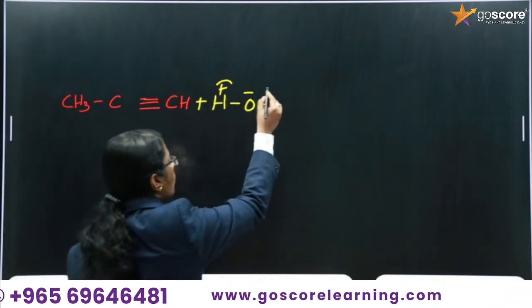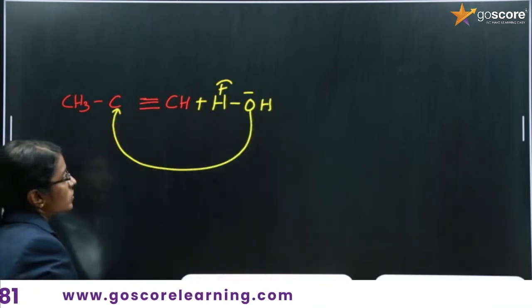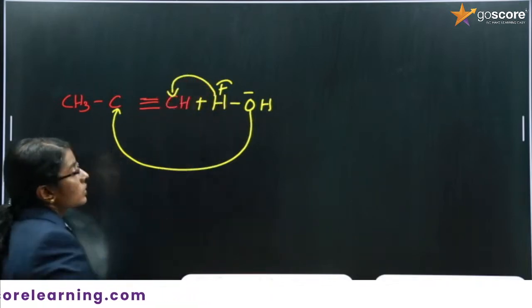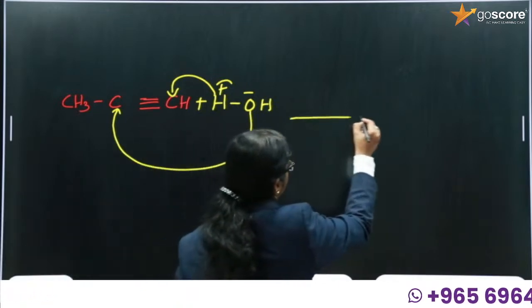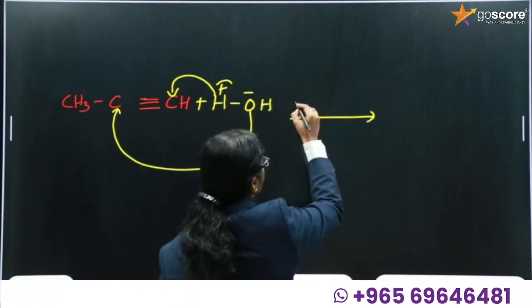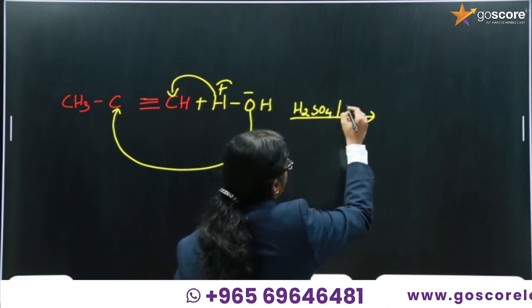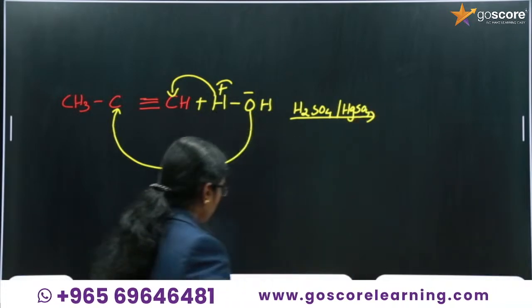So the OH group will go to the carbon containing fewer hydrogen atoms and this hydrogen will be attached to the CH, in the presence of H2SO4 and HgSO4.